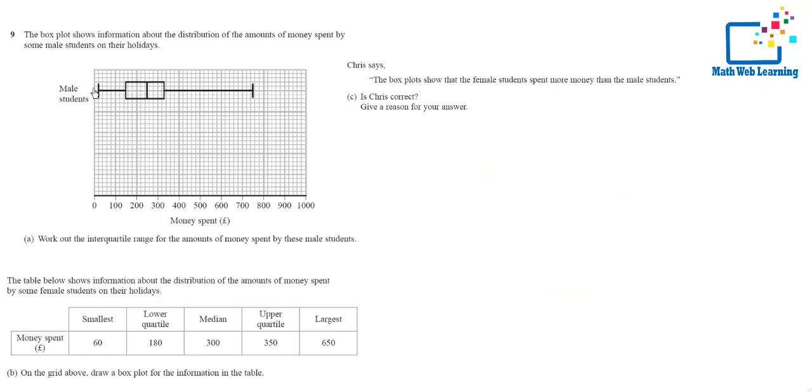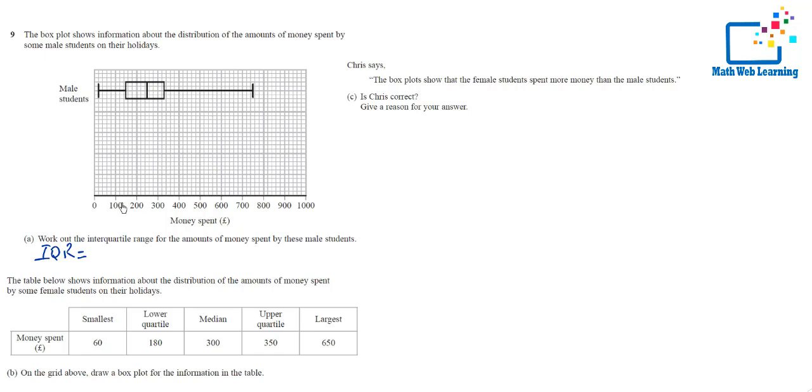Question 9 is a question on box plot diagrams. For part A, we need to look at the interquartile range. I need to find the lower quartile and upper quartile. You know the formula for the interquartile range. I need first to work out the upper quartile.